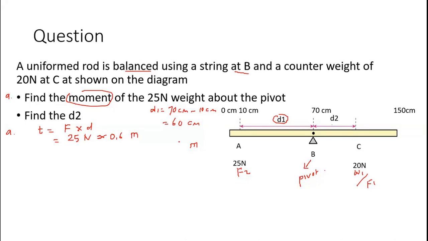The standard unit is meter, which is why D1 is 0.6 meter. Good. What is the total of moment? 25 times 0.6 is 15 Newton meter. Okay, correct, that is point A.